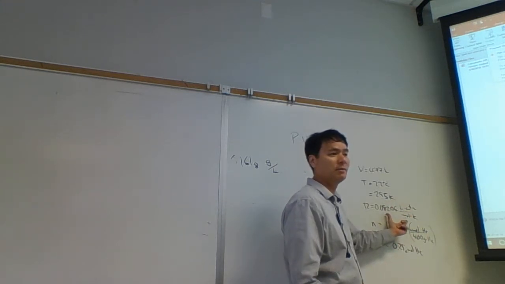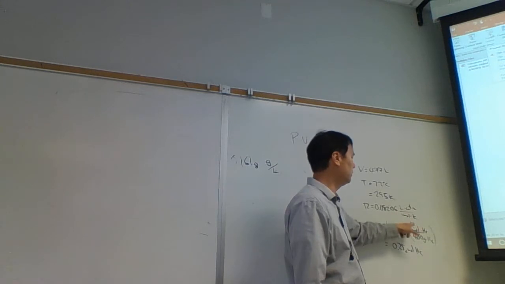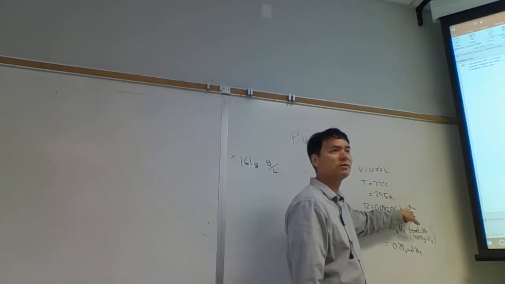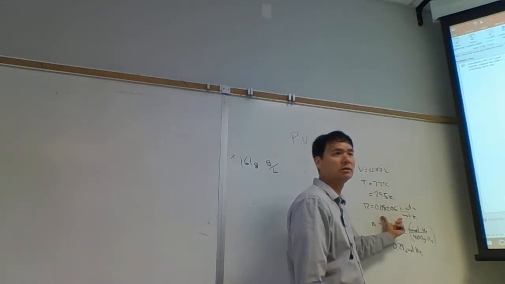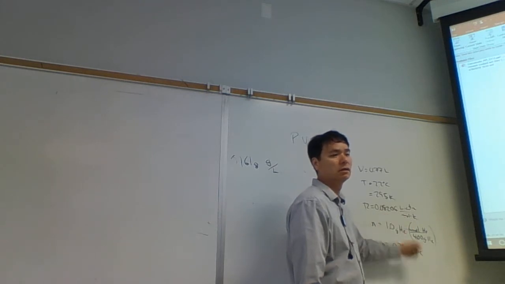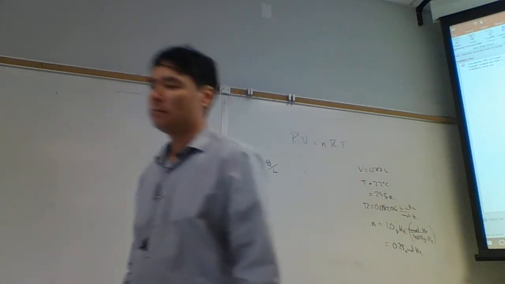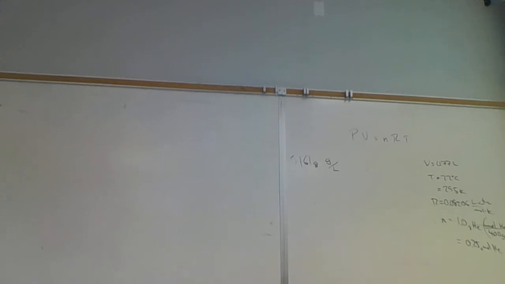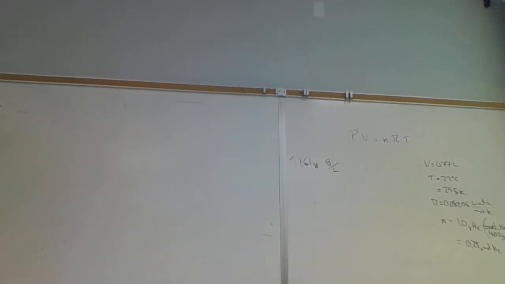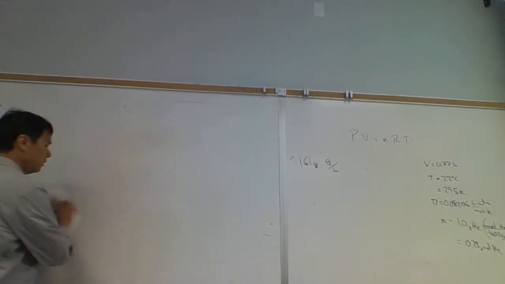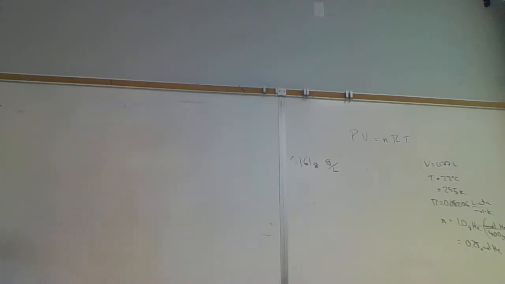Crocolici wants you to memorize lots of different R's, so if we're using bar instead of atmospheres, he's going to have a different number here. Too many numbers is too confusing for me because my memory's not so good. I'd rather just memorize 1 and convert, because this conversion factor is going to be given. I don't have to memorize this one. And so this is the way I do it.